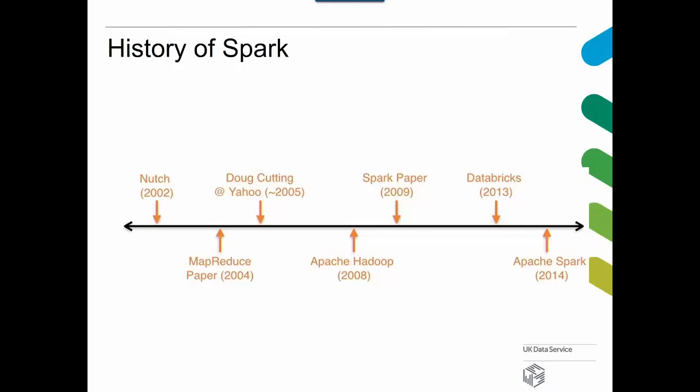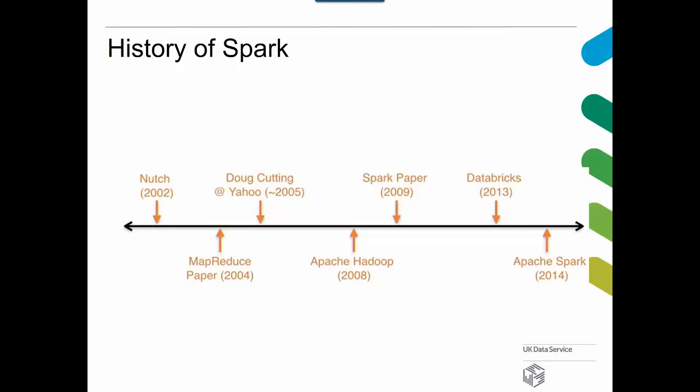So that's the notion of a cluster of many machines, potentially thousands, all working together to process very large data sets by breaking them down into small chunks and processing in parallel. From that project, Doug Cutting, who was at Yahoo at the time, produced papers on the process called MapReduce, which is this idea of breaking down the processing across a variety of machines and making them all work together.